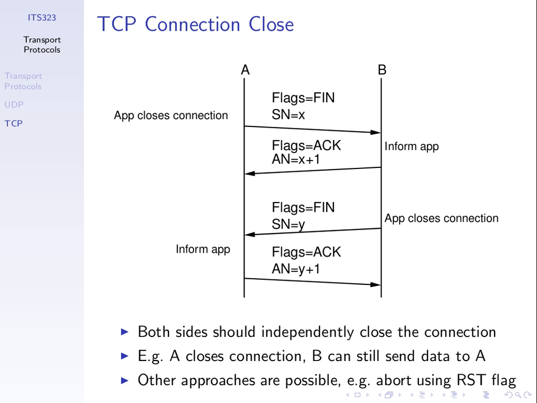But it's still possible for B to send data to A. A sending this FIN segment means A has no more data, but B may still be sending data to A. It's not until B sends the FIN segment to A, so B is finished sending data, and then the ACK, that the connection can be closed. So it's possible to have what's called a half-open connection or a half-closed connection. That is, one side's closed it, the other's still sending data.